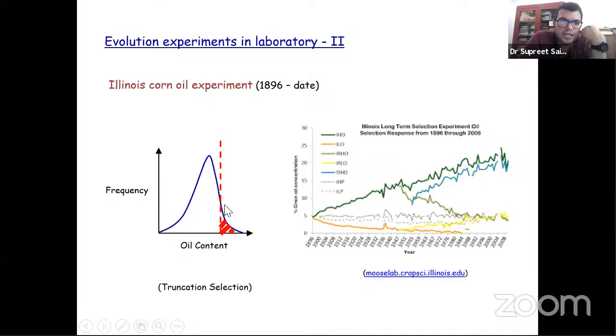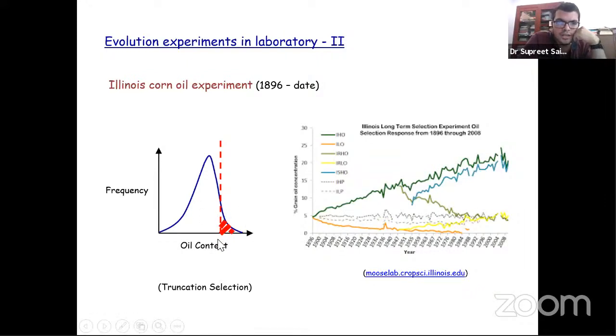Only the top 15 oil containing plants are allowed to replicate and form the next generation. The remaining 85% are just discarded every year. So what goes into the next generation comes from the top 15 oil content plants of the previous generation.